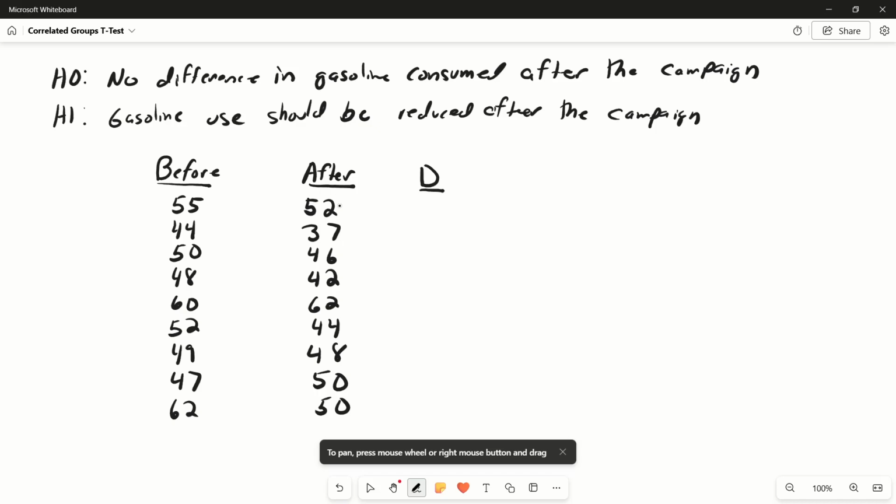So if after is hypothesized to be lower than before, then if I do before minus after, I should get a positive value. So if my hypothesis is supported, before minus after should be a positive difference score. So let's do that, before minus after. Now you may get negative values, so be very careful about how you're dealing with them.